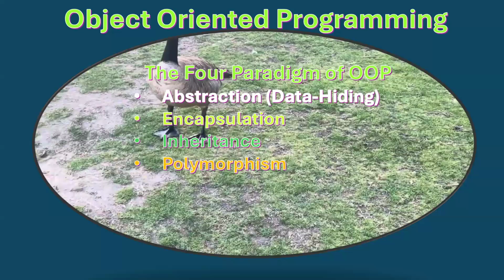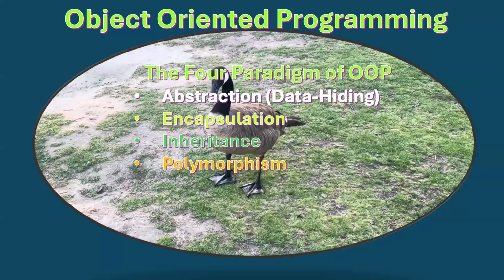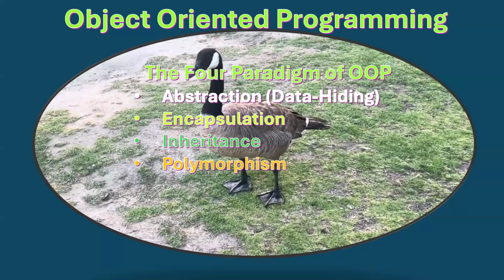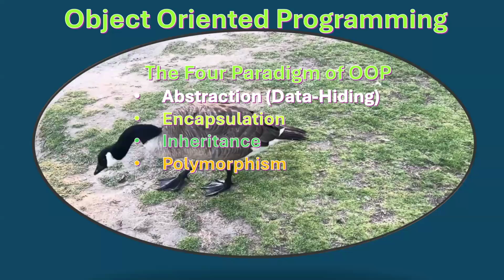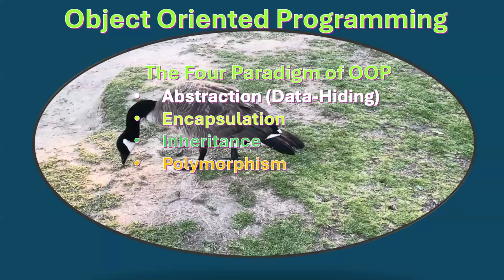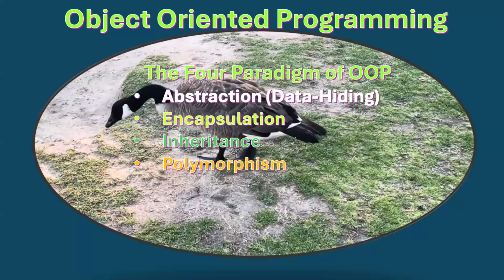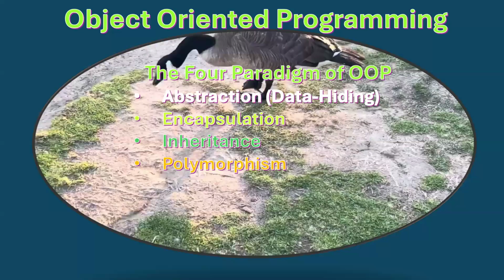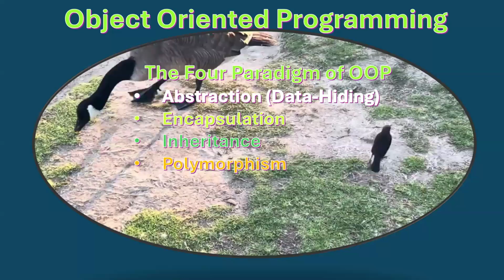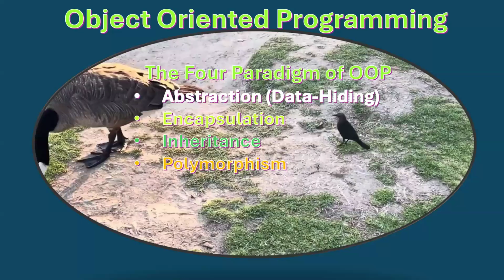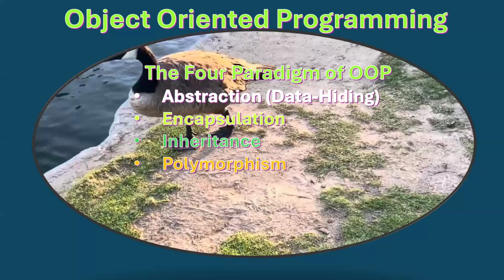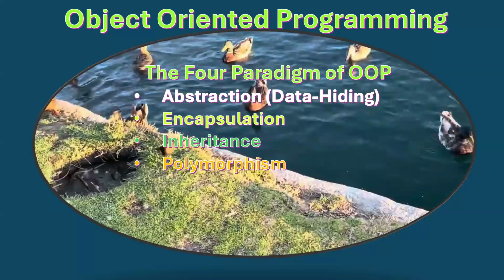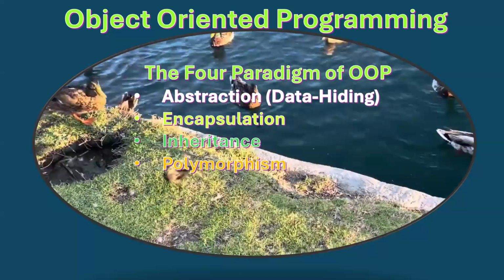We call it object-oriented. A function is a method, and a variable is called an attribute or property. You can see the duck's webbed feet, so as a bird it has the option to walk on the grass and eat the grass, as well as go to the water and swim like a goose or a duck.